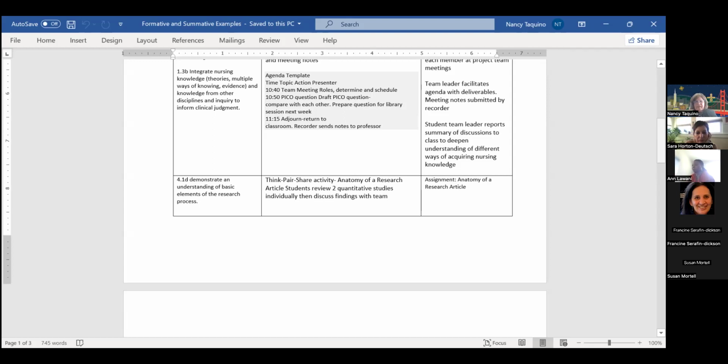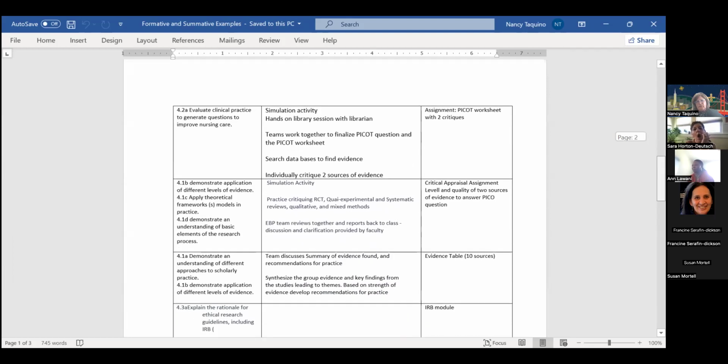So that's where I kind of didn't feel like most of my formative assessments were graded activities because of the nature of this course. Because again, here's another example, evaluate clinical practices to generate or improve care. They're in their simulation activity. They're in the library with the librarian looking on, developing their PICO question.